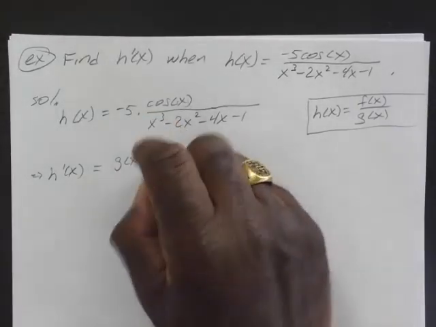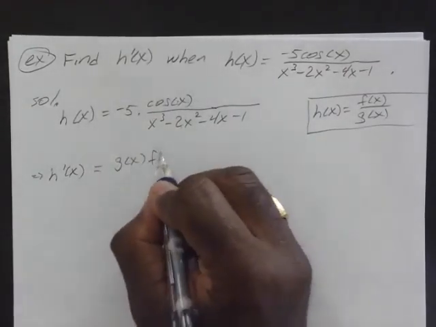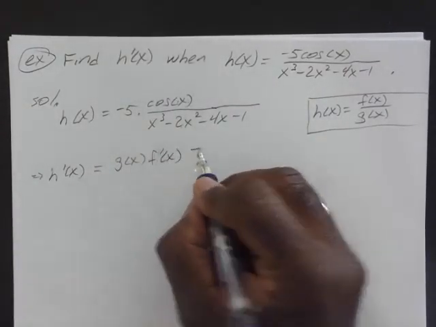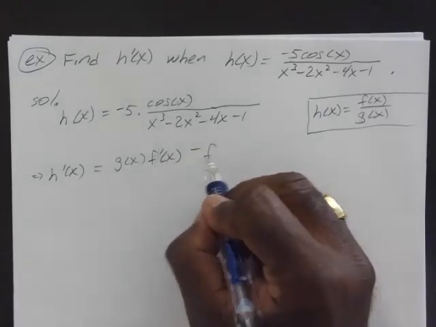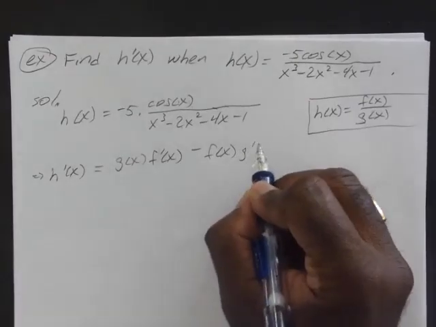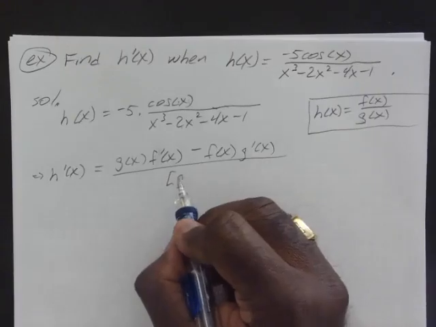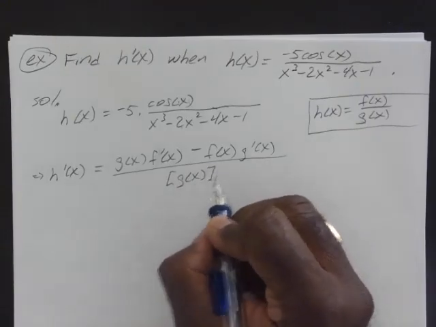I'll just put f prime of x, minus the numerator times the derivative of your denominator, all over the denominator squared. So that's your g of x squared.